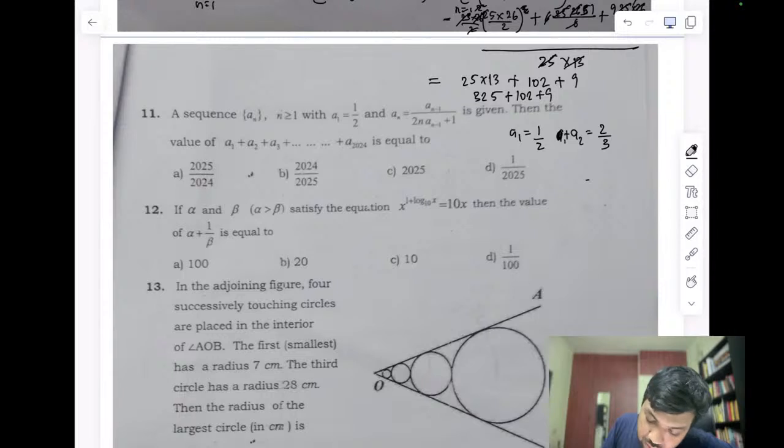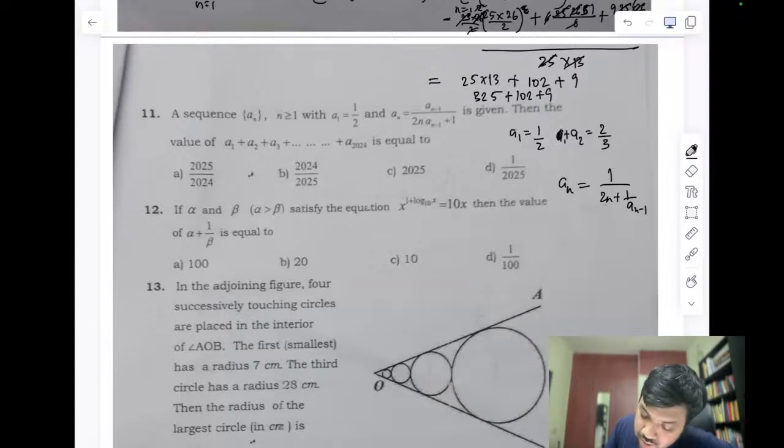How do you really solve it though? I mean, is there some nice telescope? Yeah, apparently telescoping will work, is what one of the students is saying. So let's just see whether it is true. How do you do it? So an plus an minus 1. What makes telescoping work actually? I mean, you can write an as a difference of two terms. 1 by 2n plus 1 by n minus 1.